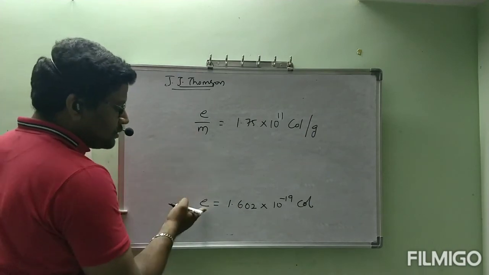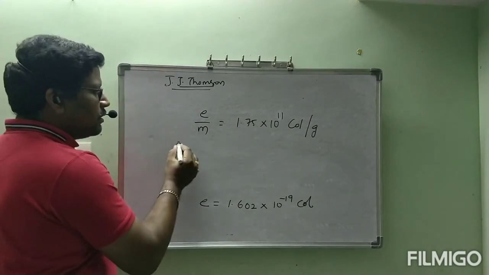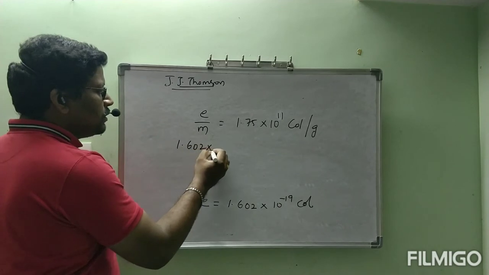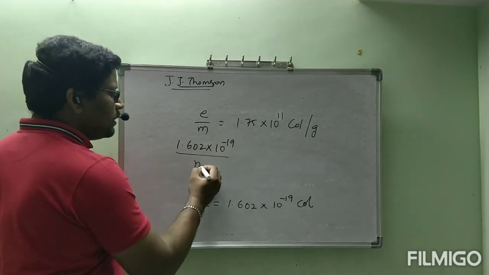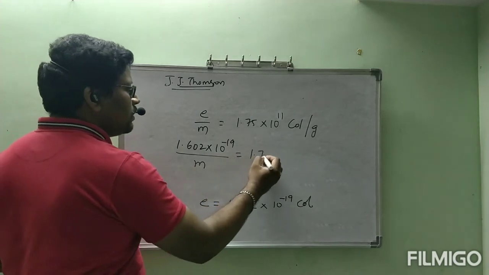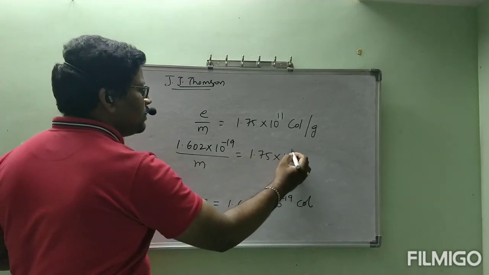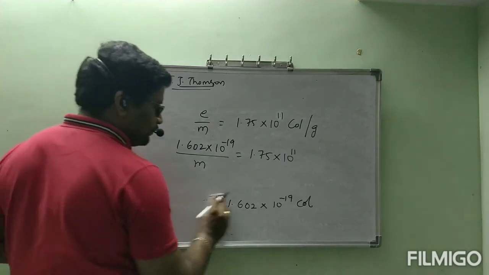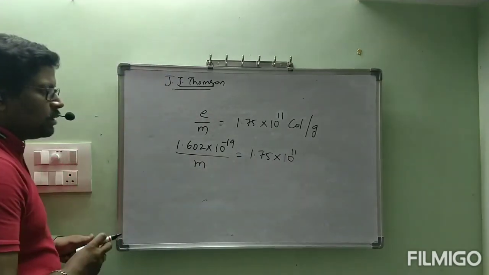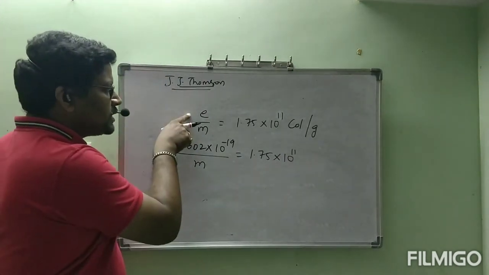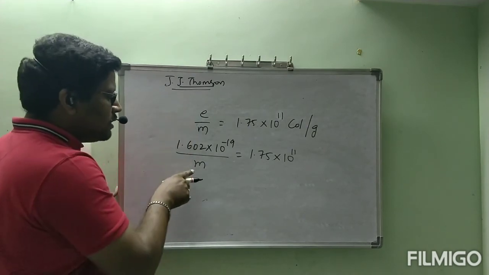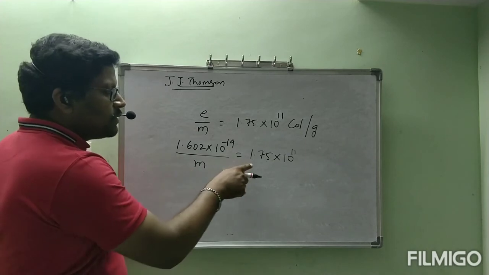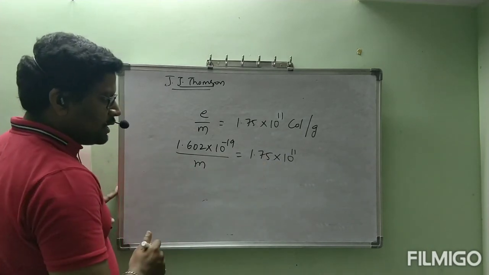Substitute this e value here: 1.602 into 10 power minus 19, the charge we got from Millikan's oil drop experiment, divided by mass M is equal to 1.75 into 10 power 11.